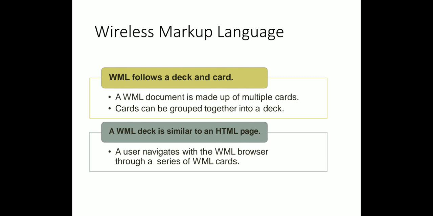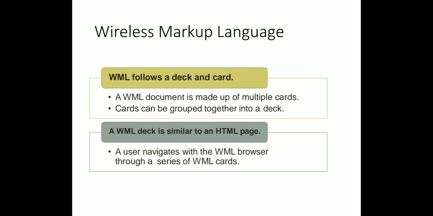Basically WML is a markup language for wireless devices that adhere to the Wireless Application Protocol and have limited processing capability. What it actually uses we'll see in detail, but before that we'll see a few features of WML.